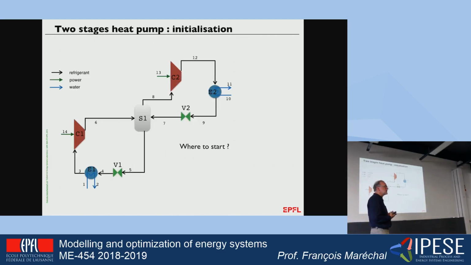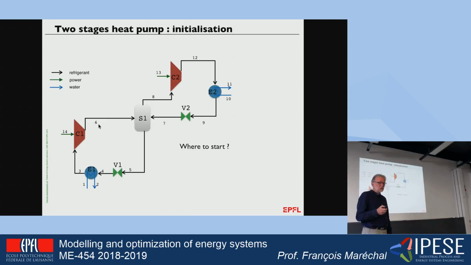One of the examples that you will have to solve is the two-stage heat pump. The two-stage heat pump has a list of units that you can see here, interconnected by streams. And the question is, what is the first unit that we have to solve?